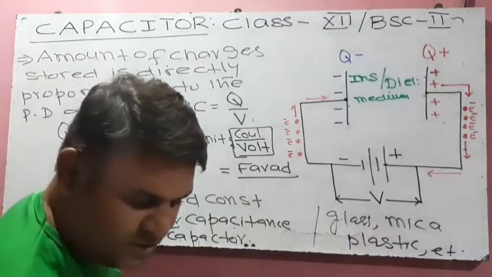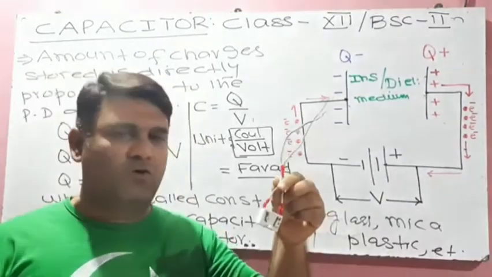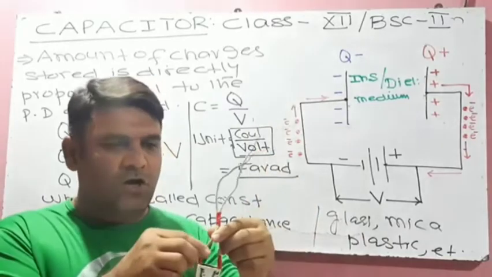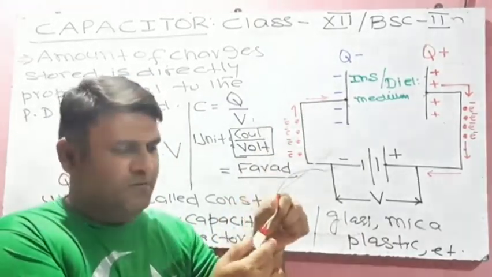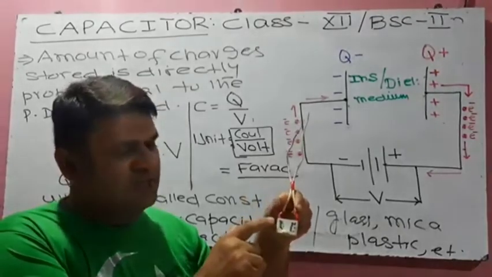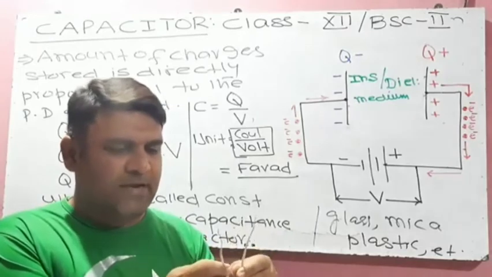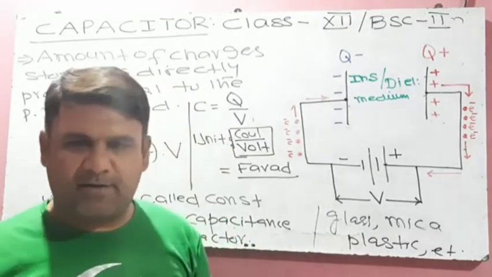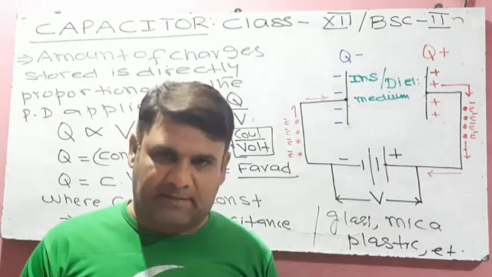I have a capacitor. You have seen this capacitor mostly used in motors as well as fans. This plate is positive, and this plate is negative, and these two plates are connected by wires. Now I demonstrate how the capacitor works.